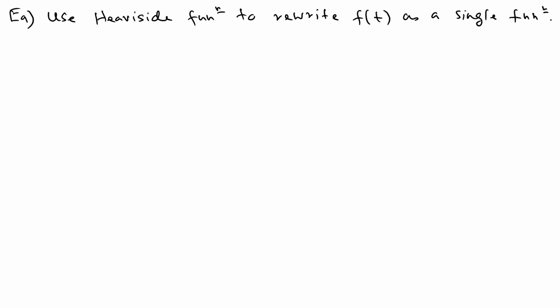As the first example, let's start with something like this. Say I'm going to give you f(t) like this: f(t) is sine t if t is greater than or equal to pi, and it is 0 if t is less than pi.